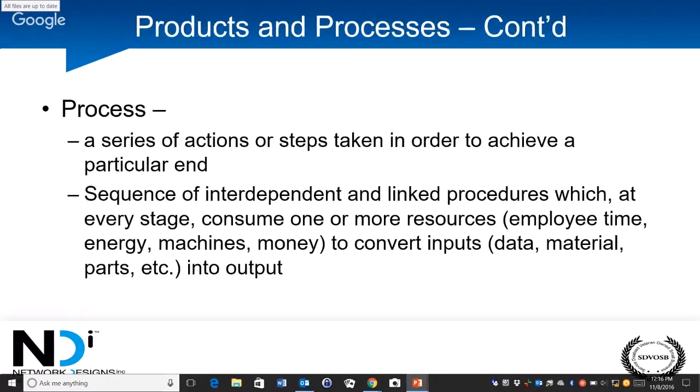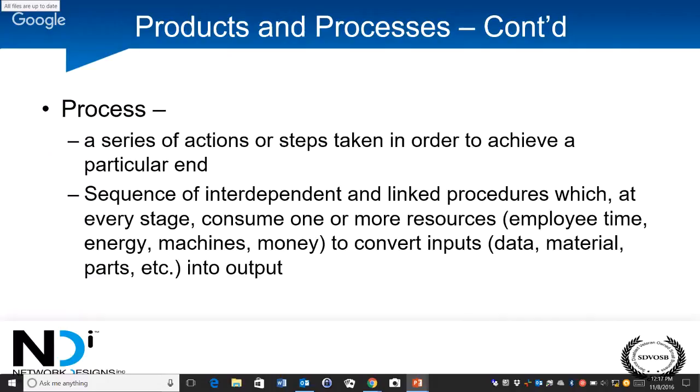Furthermore, what's a process? It is a series of actions or steps taken in order to achieve a particular end. It's a sequence of interdependent and linked procedures which at every stage consume one or more resources, including employee time, energy, machines, money, to convert inputs such as data, material, or parts into outputs.